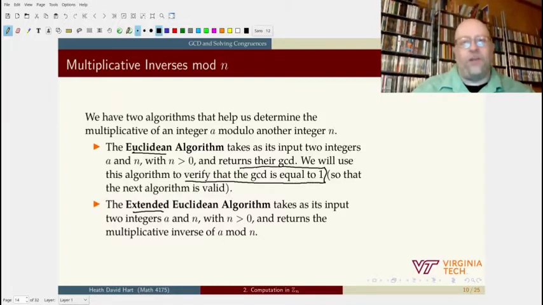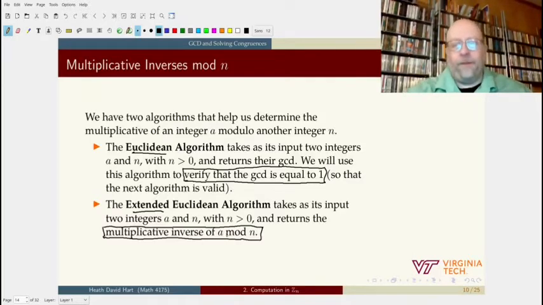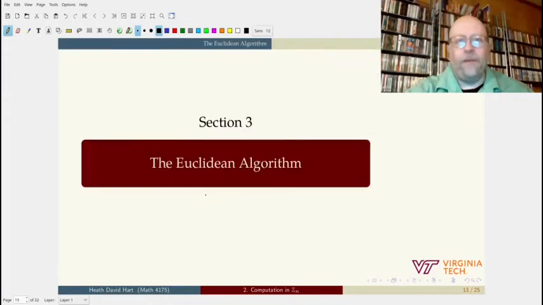It checks to make sure that the GCD is equal to 1, and then the extended Euclidean algorithm gives us the correct multiplicative inverse. If the first part of the algorithm fails, if we cannot verify that the GCD is equal to 1, then we stop, because there will not be a multiplicative inverse. Okay? So what we're going to look at now is how we do the Euclidean algorithm, and then how we do the extended Euclidean algorithm.